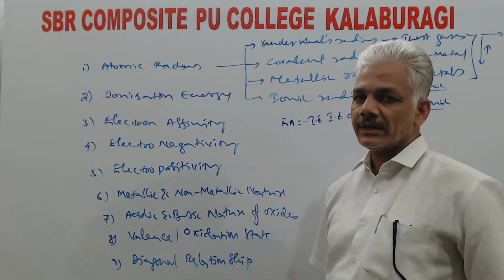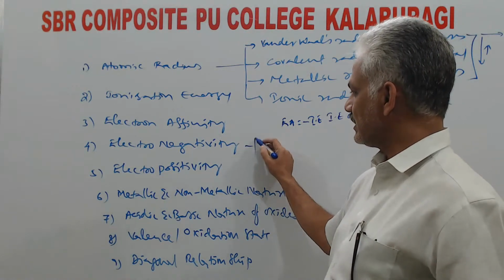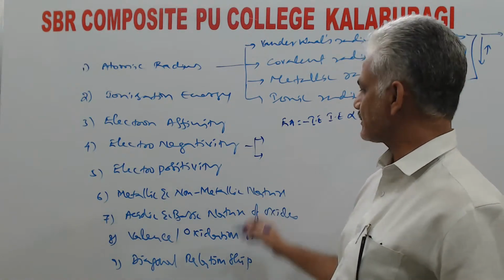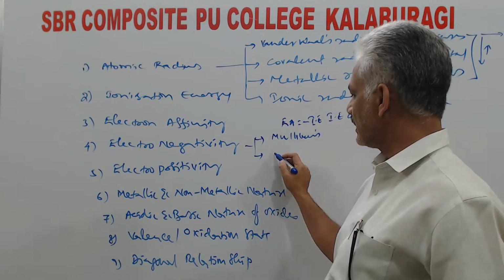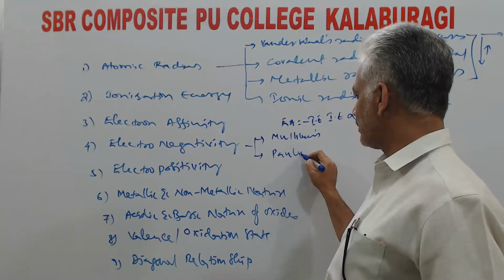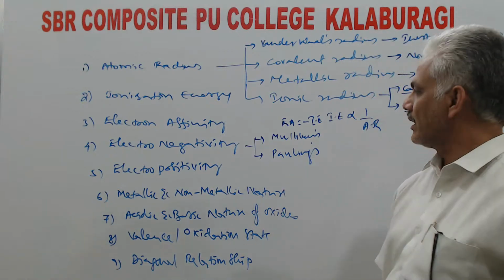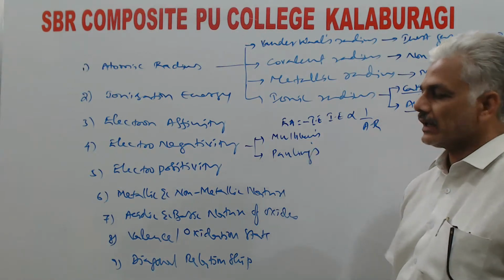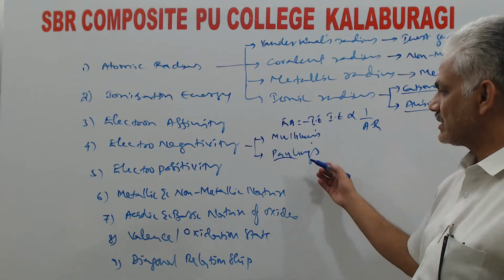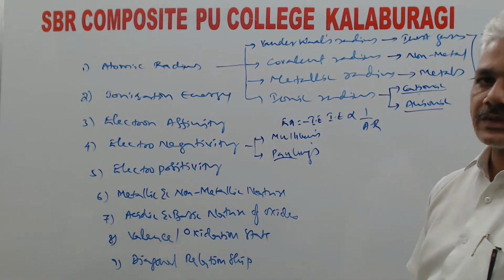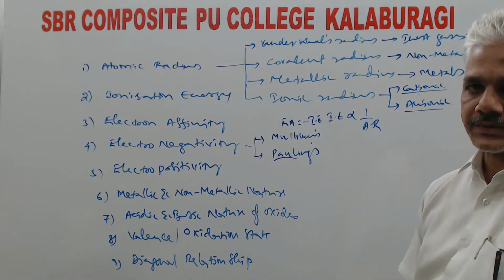The electronegativity is measured in two types of scales. One is called Mulliken's scale and the second one is Pauling's scale. Mulliken's scale is not accurate, so Pauling's scale is in use, which is based on bond dissociation energy values.